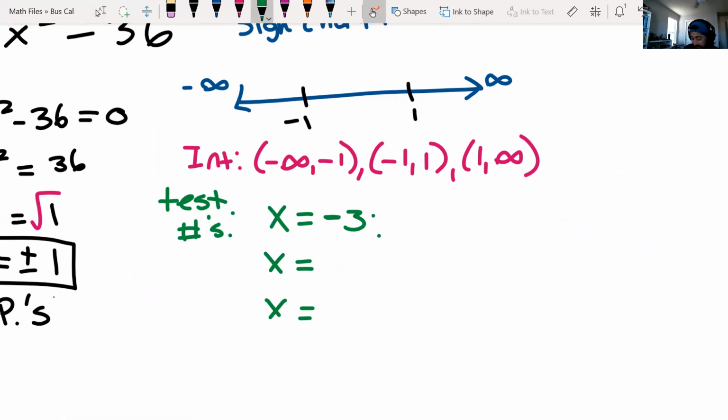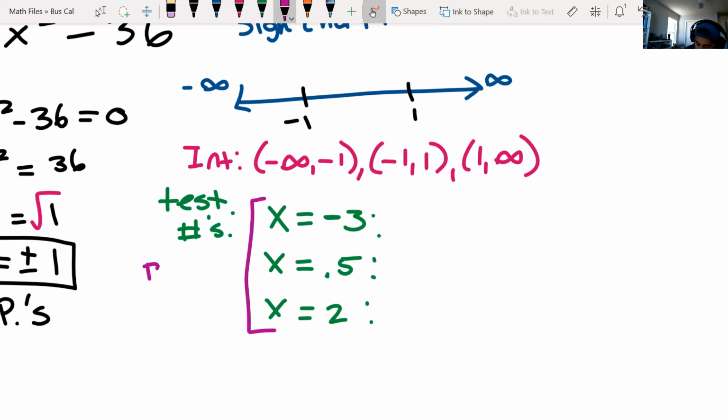Okay, that works. I would have chosen 0, but 0.5 is in there. And 1 to infinity? 2. Yeah, I like it. As long as it's within the interval, you can use it. So those are good numbers.